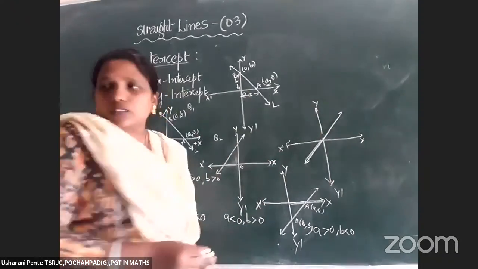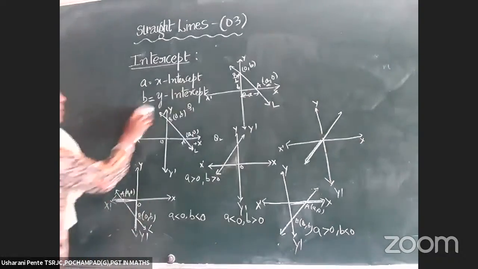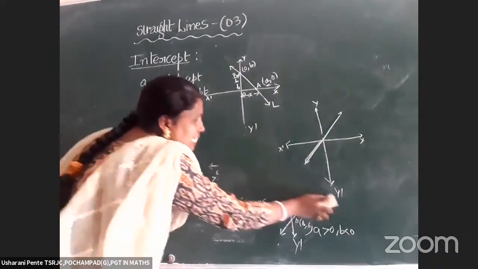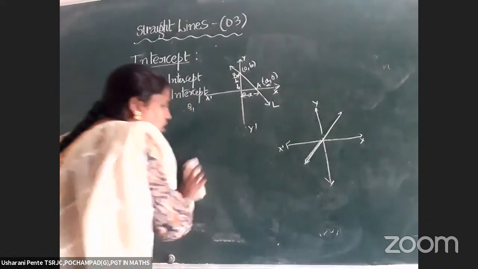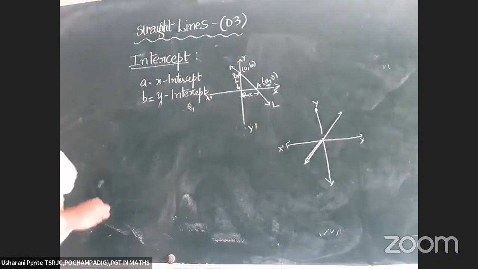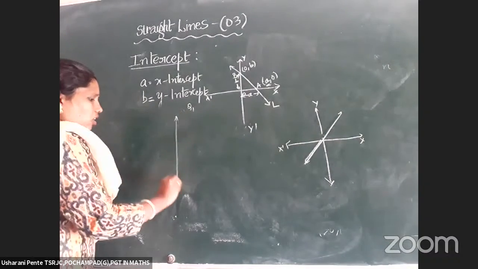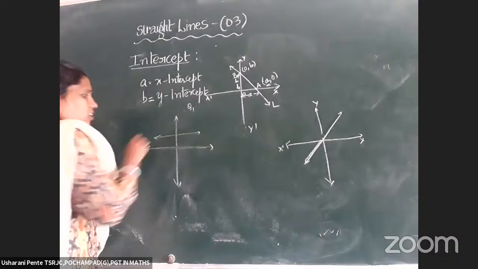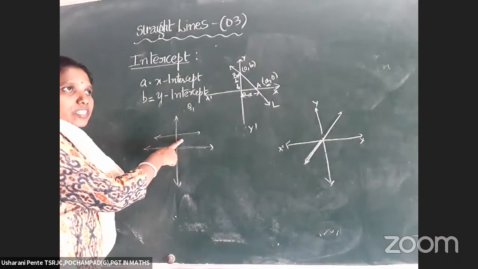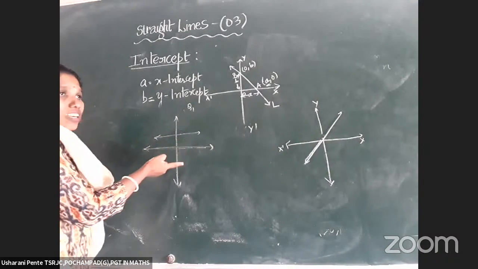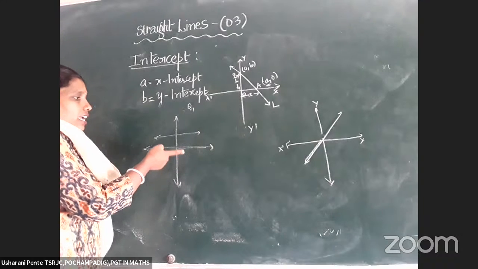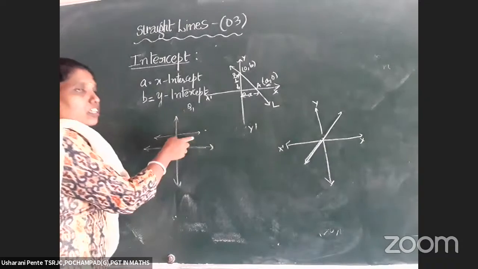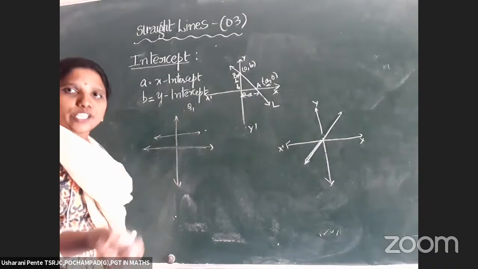Next, what about the intercepts of lines parallel to the axes? For a horizontal line, what is the x-intercept? As it is not intersecting at any point on the x-axis, the x-intercept for the horizontal line is 0.